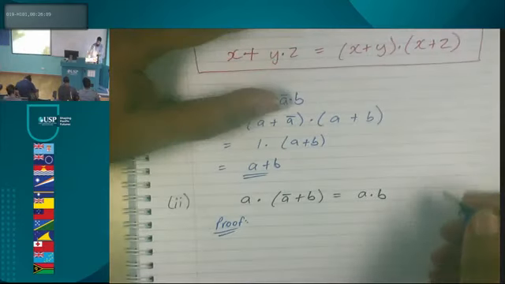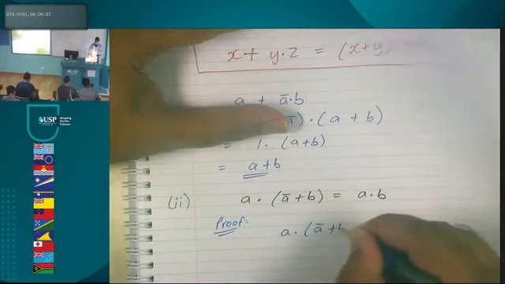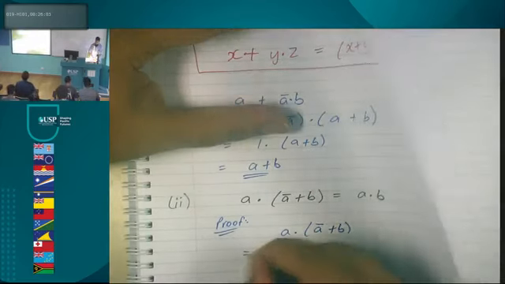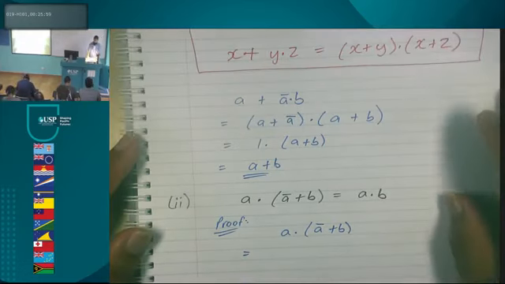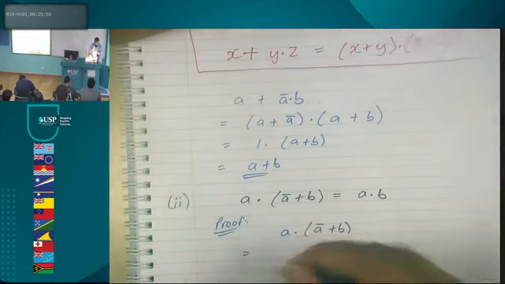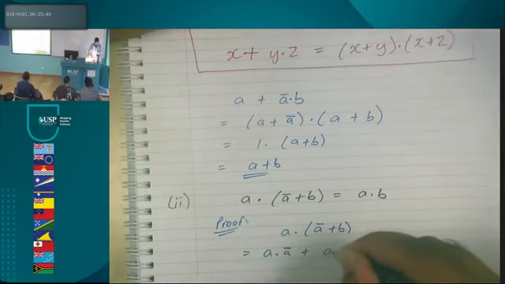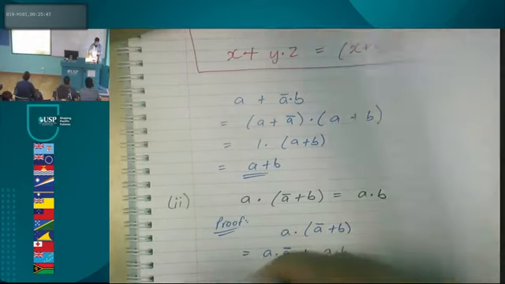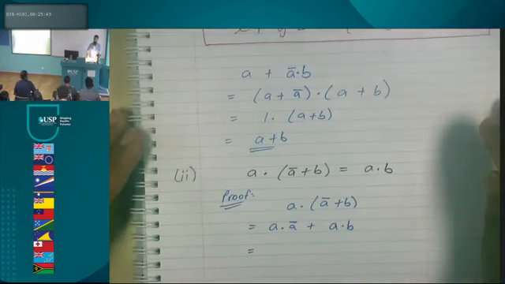Proof. A and A bar or B is on the left-hand side. Now, according to the distributive property, we now expand that: A and A bar or A and B. A and A bar, according to complement, what do you get?